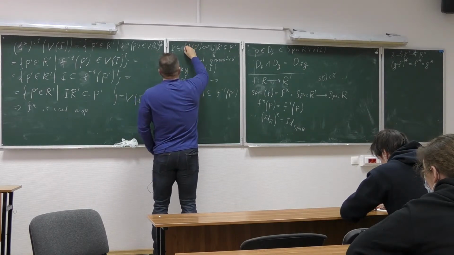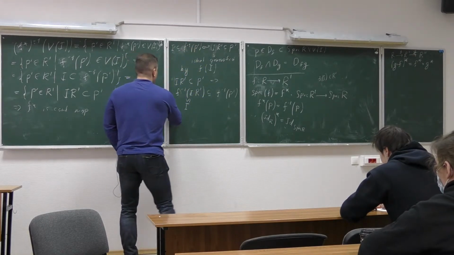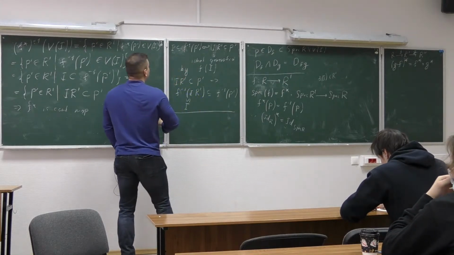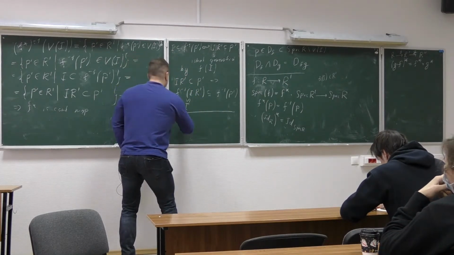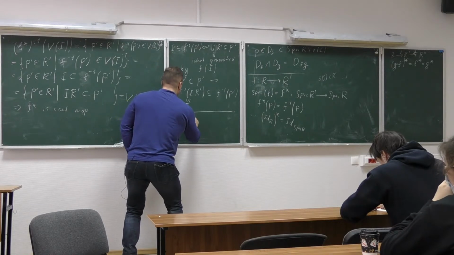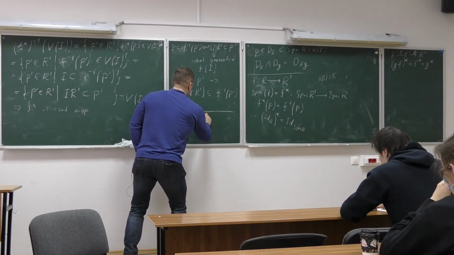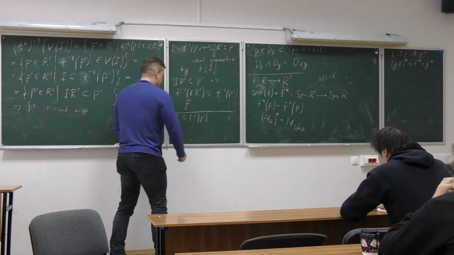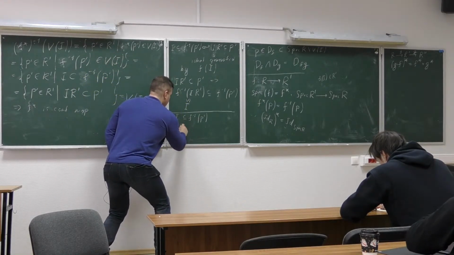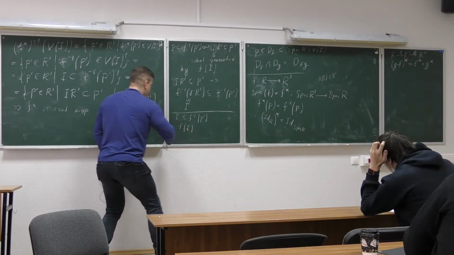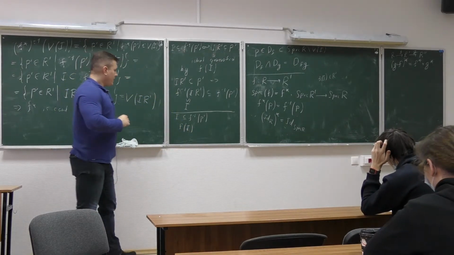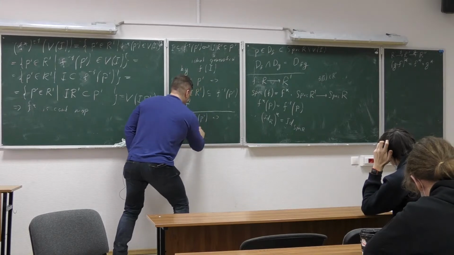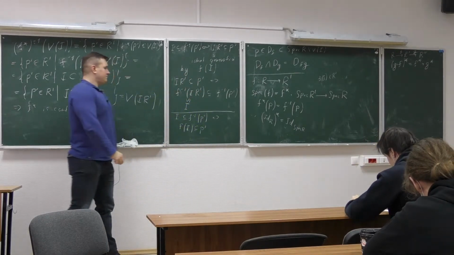Okay, now we need to go in the other direction. So I assume that I is contained in the full pre-image of P'. Well, it means, for example, that whenever I apply f to any element of the ideal I, I'll get something from P'.